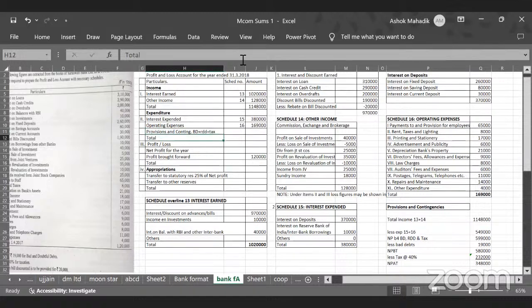You remember this. So addition will be bad debts 19,000 and tax 232,000. Let me add 19,000 plus 2,32,000.